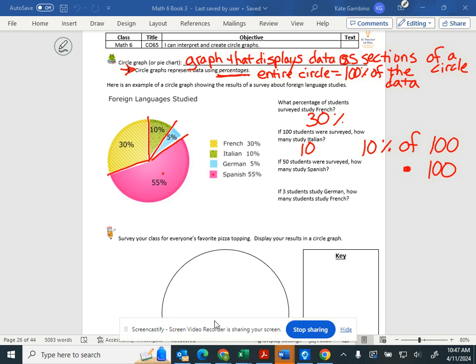Remember when we did converting from percents to decimals? Melanie? 0.10. 10% is the same as 0.10. So what is 0.10 times 100? Was Liam correct? So did you put it in your calculator? It's 10.